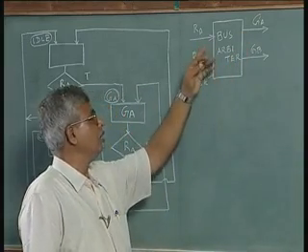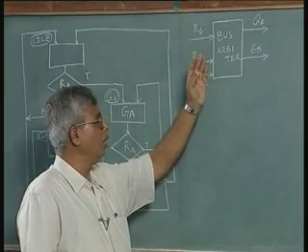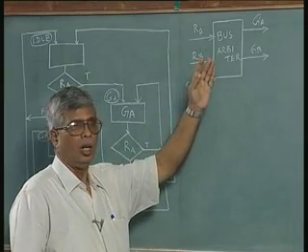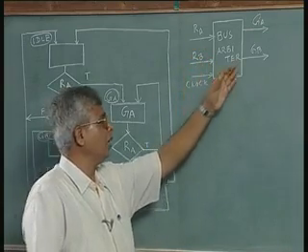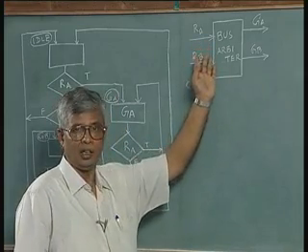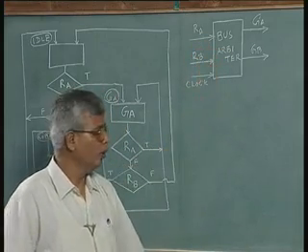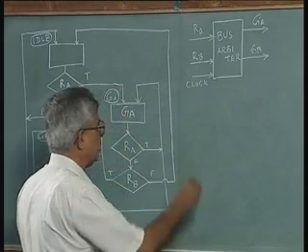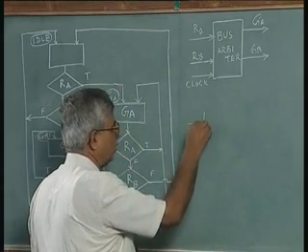But if RB comes earlier than RA, even if RA comes before the unit B has completed the transaction, still it has to wait for the transaction of B to be completed.